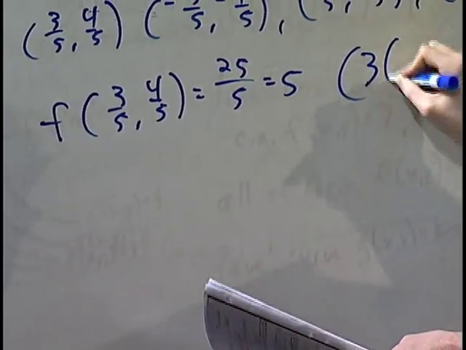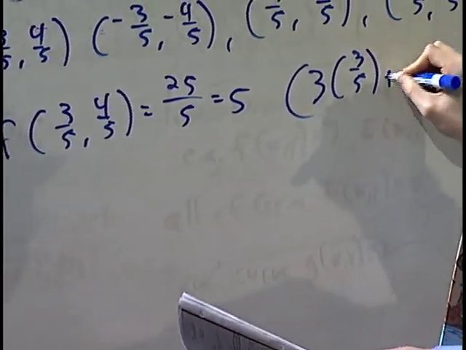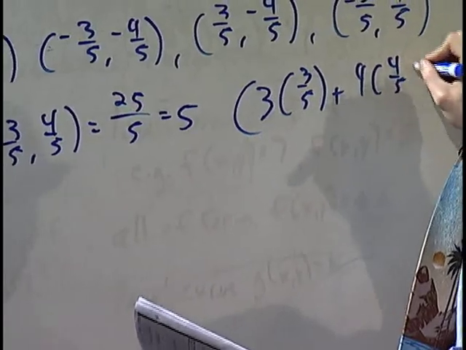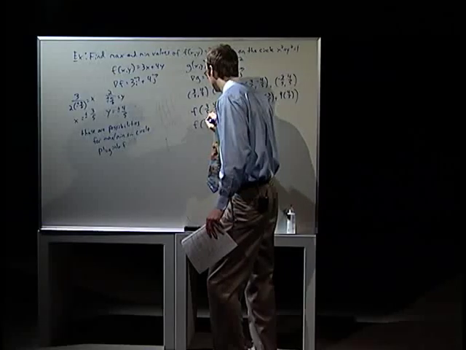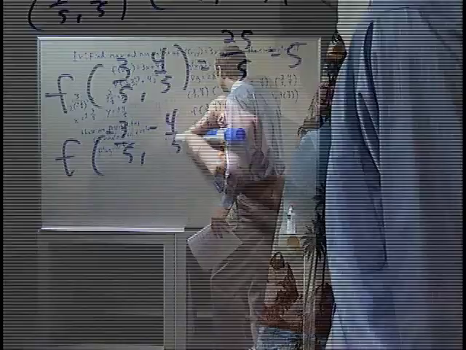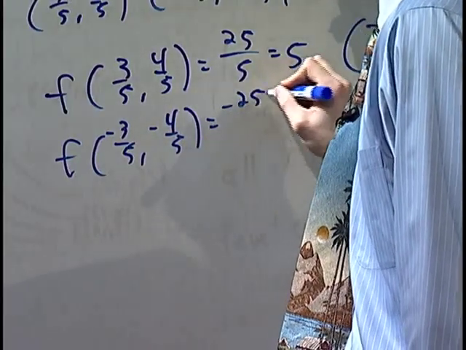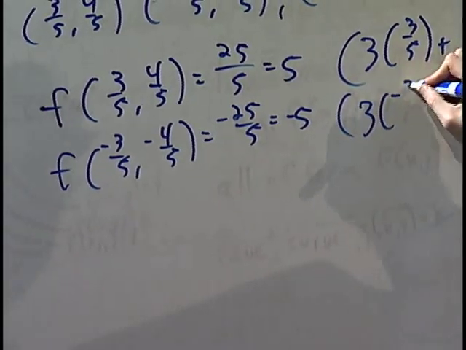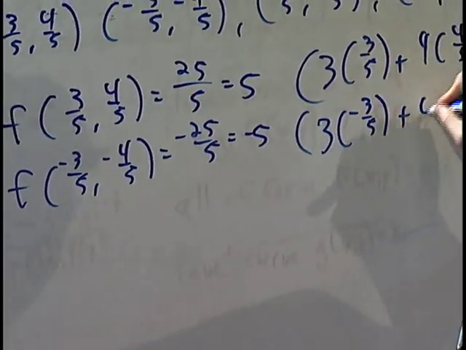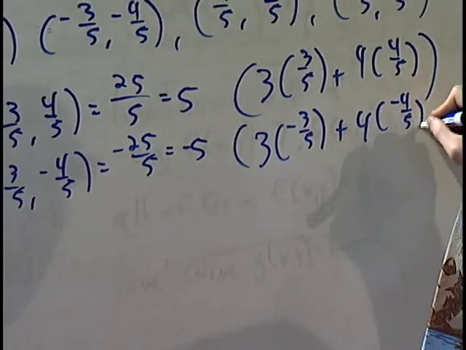So this is 3 times 3/5 plus 4 times 4/5. And if you plug in negative 3/5 and negative 4/5, you get negative 25/5, which is negative 5, which is 3 times negative 3/5 plus 4 times negative 4/5.